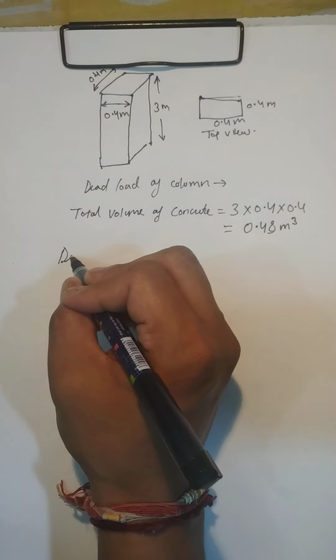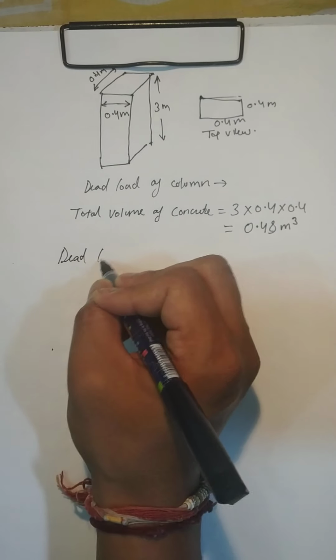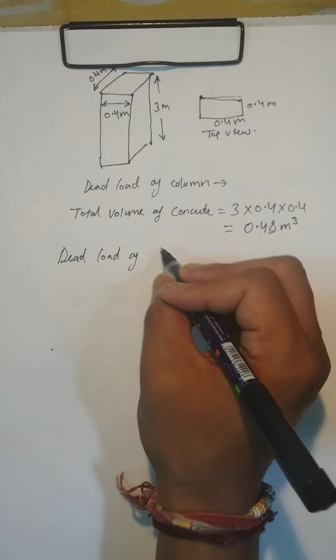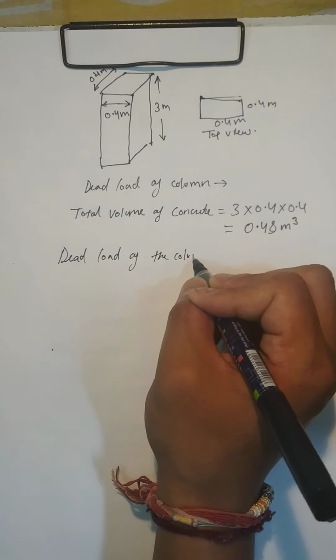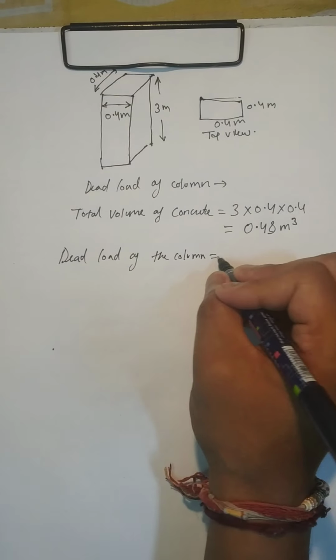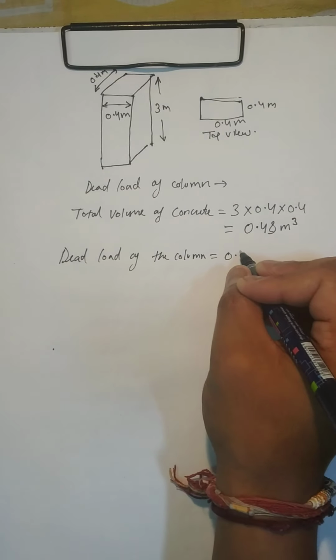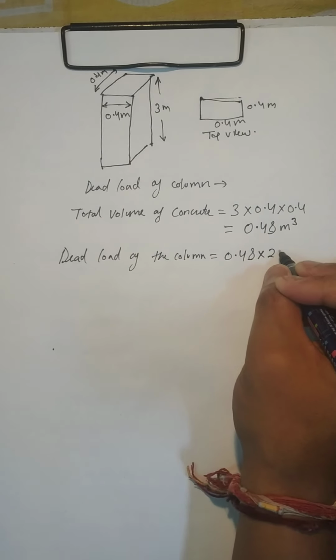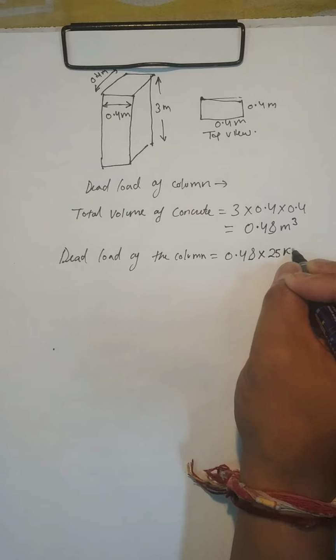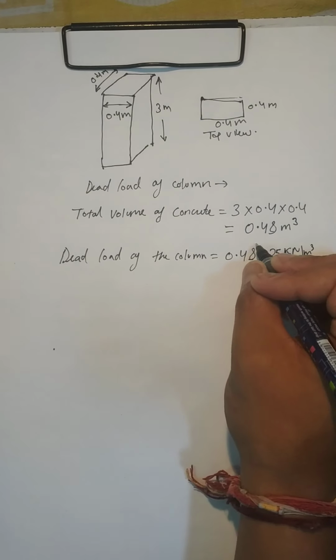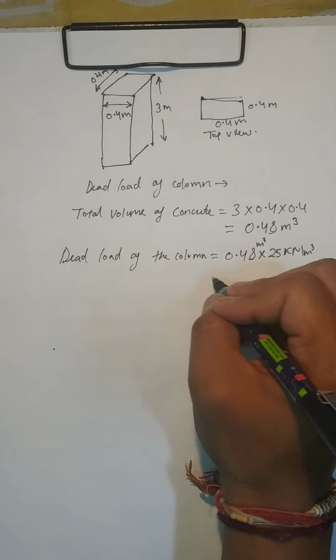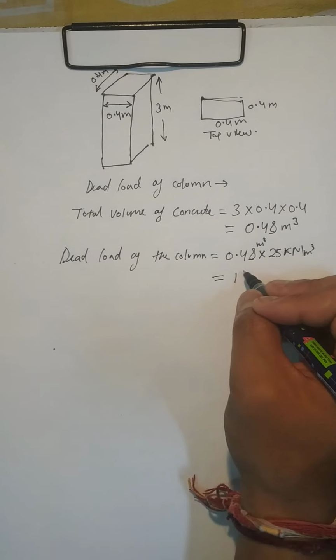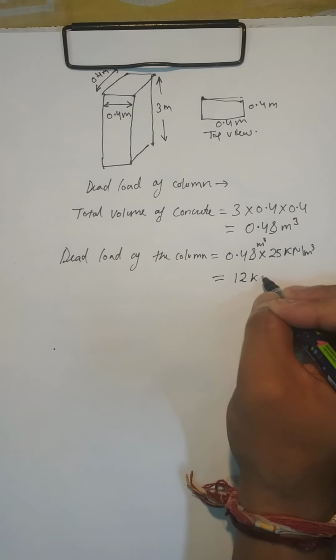So the dead load of the column can be found out by volume into unit weight of concrete. It is 25 kilonewton per meter cube. So it will be like 12 kilonewton.